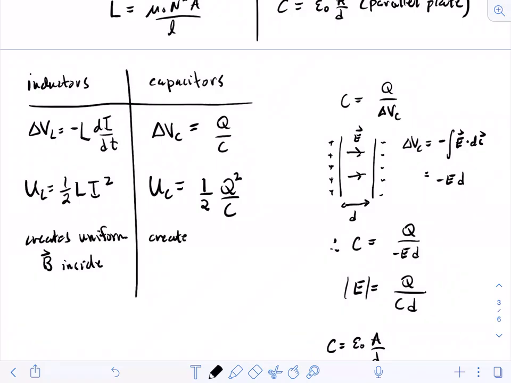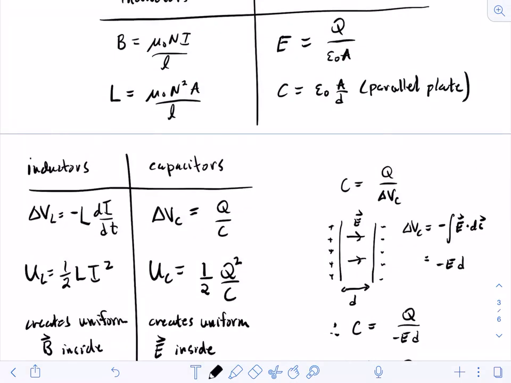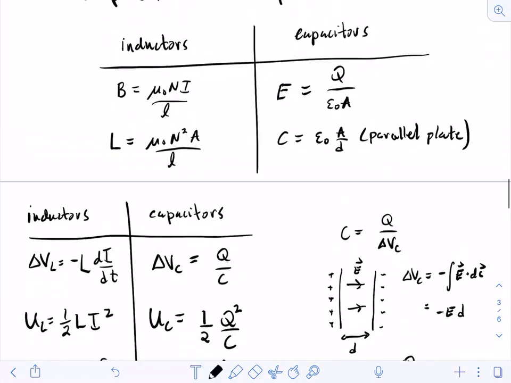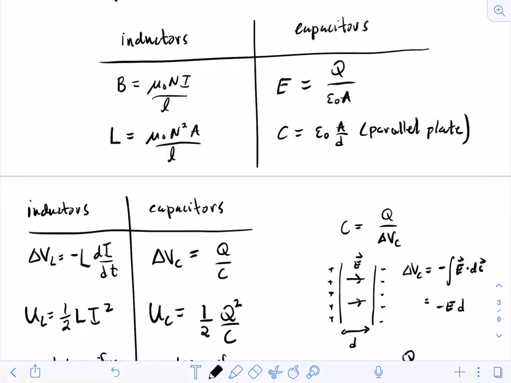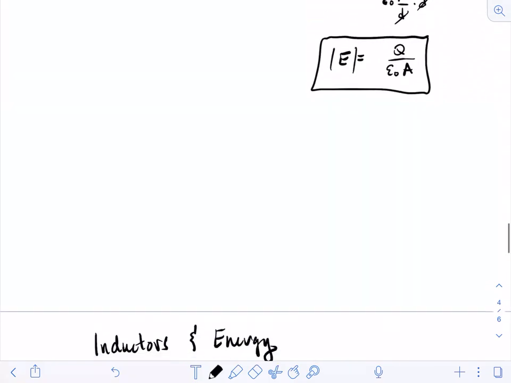The capacitor creates a uniform electric field inside, and in the case of infinitely large sheets for our parallel plate capacitor, the electric field would be 0 outside. The inductor stores magnetic energy, the capacitor stores electrical energy, and so we have expressions for the magnetic field and electric field, and the inductance and the capacitance. Okay, good.